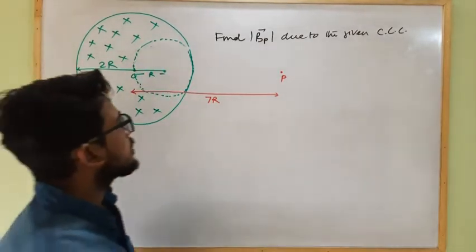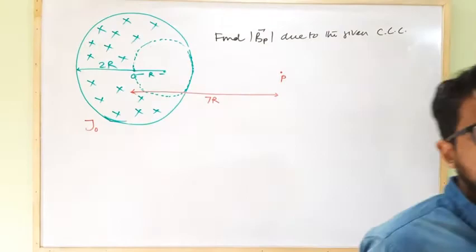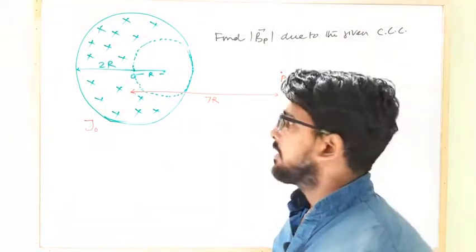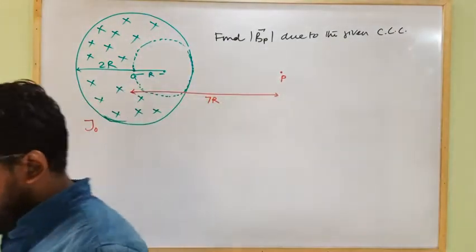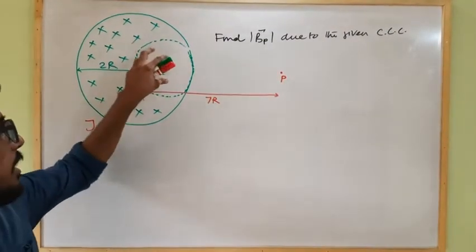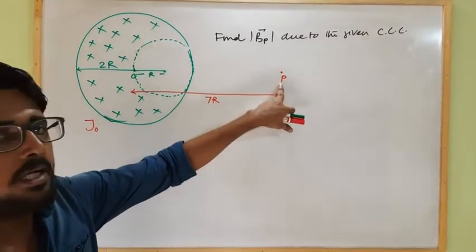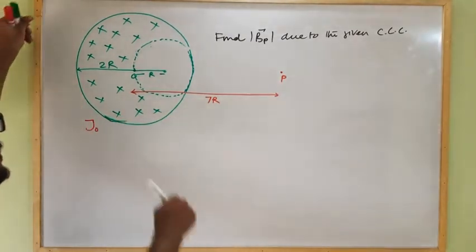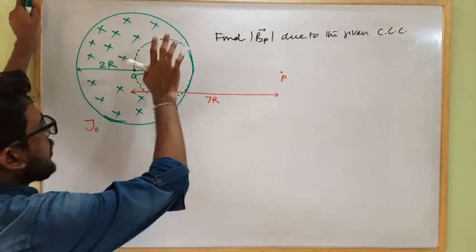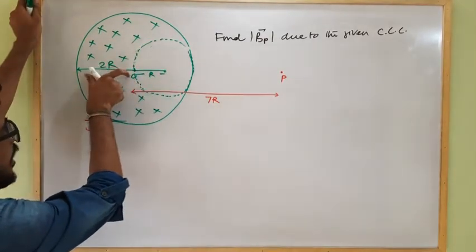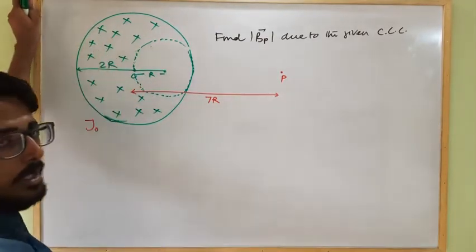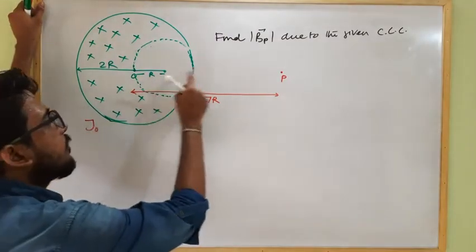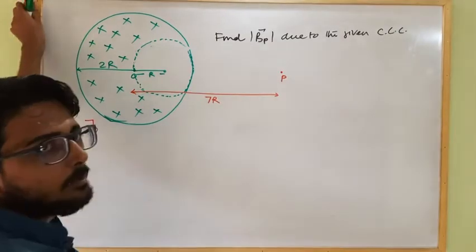Then how can we solve this problem to find the net magnetic field strength at the point P? So in this case, if there is no cavity, then we can easily calculate the net magnetic field strength at that point P. So just assume that here is a current carrying conductor of radius 2r which carries current into the plane with current density J naught, for which we have to calculate the magnetic field strength at point P.